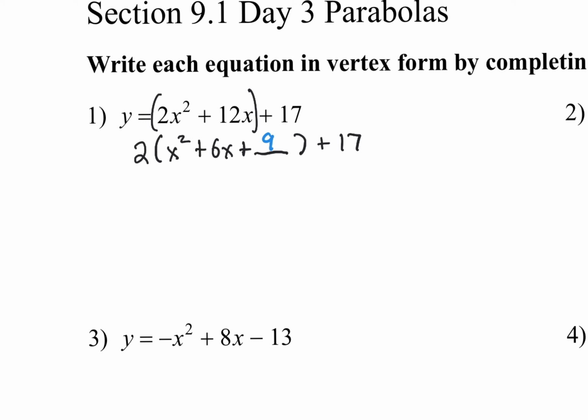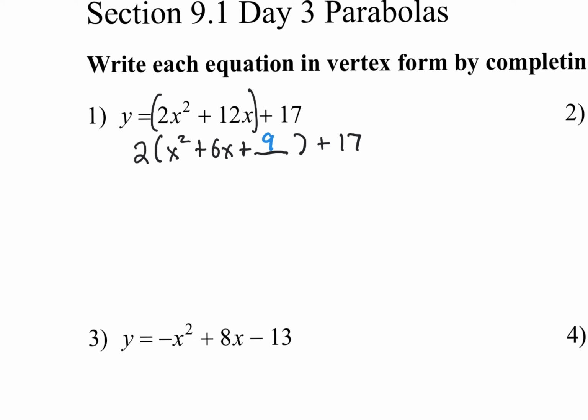Here's where it differs a little bit from yesterday. Yesterday, we would have said subtract off 9, right? Okay, well, don't write what I'm about to write, but I just want to show you why we have to do what we have to do. If you think about it, we factored out that 2. If I distribute that back in, that's 2x squared plus 12x plus 18.